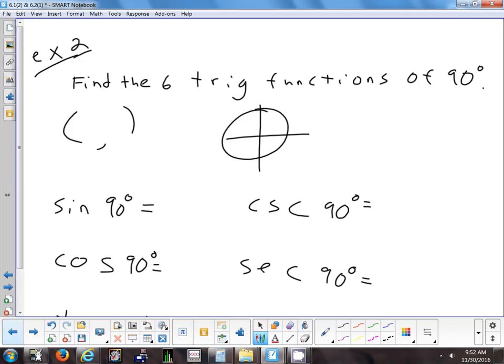Straight up. So what would be the coordinates if you go straight up, 0, and then whatever, and it's a unit circle? 1. We just did that. So now your x is 0, your y is 1. Just plug them into those formulas. We just did that problem.